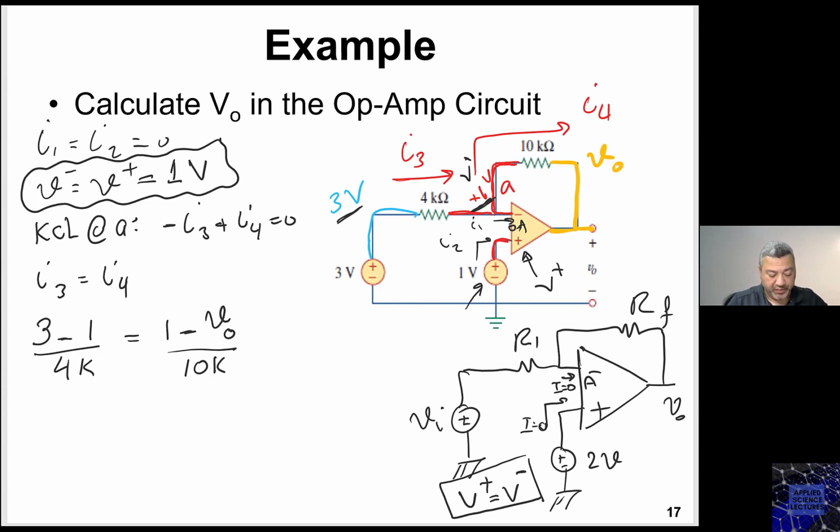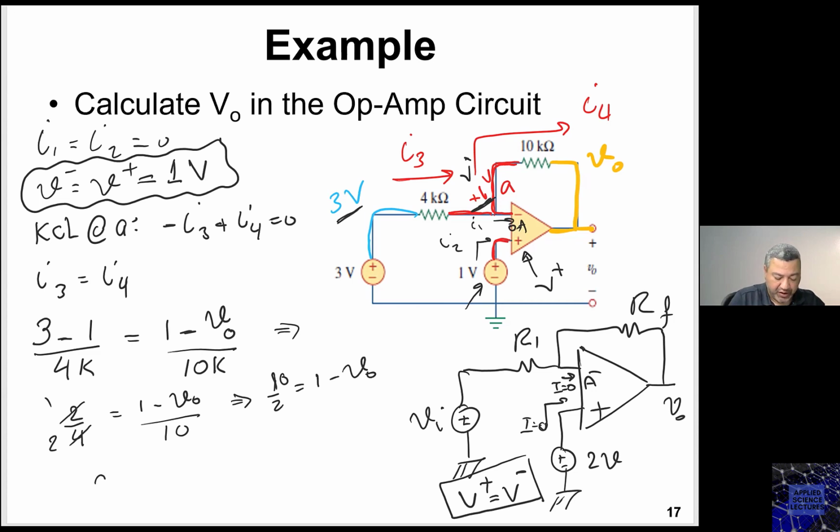Now I need to rearrange this and get rid of the k. So I have 2 over 4 equals 1 minus V naught over 10. If I multiply by 10, this is 10 over 2 equals 1 minus V naught.